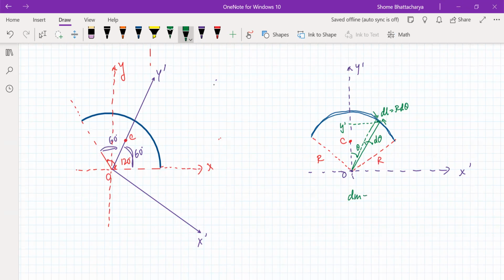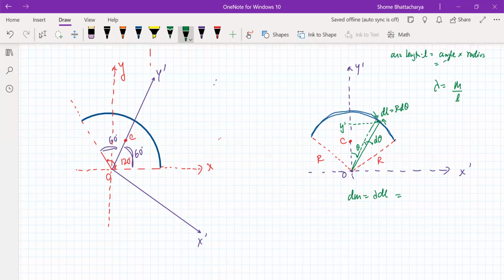So that dm element, which is lambda dl, will become, now what will be the lambda over here? It will be the total mass divided by the total length of the arc. Now the length of the arc will be what? Angle into radius. This is the arc length.